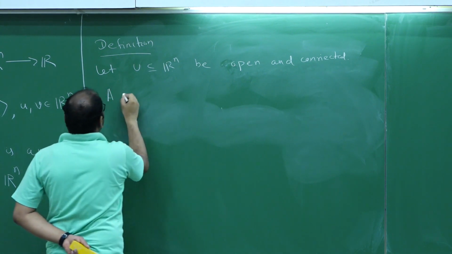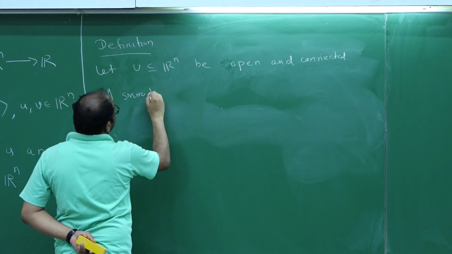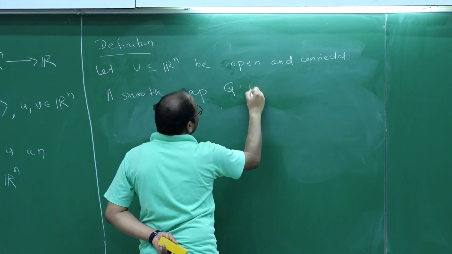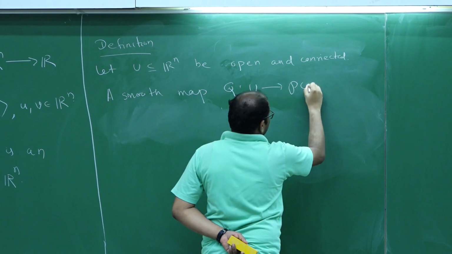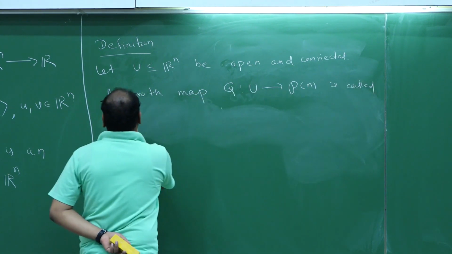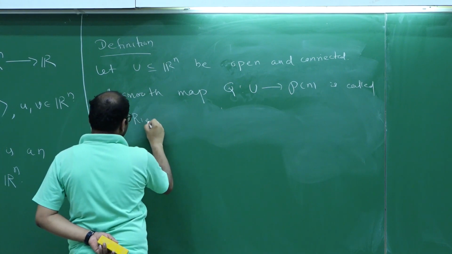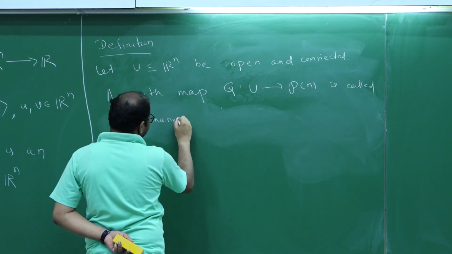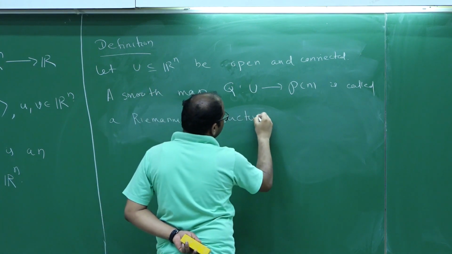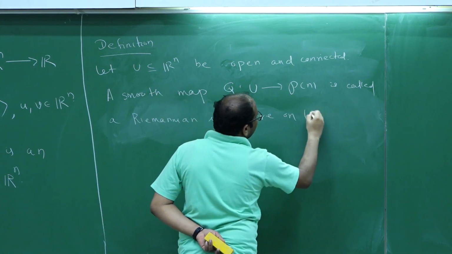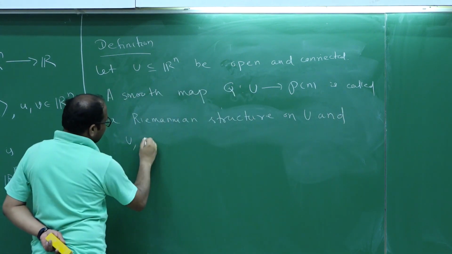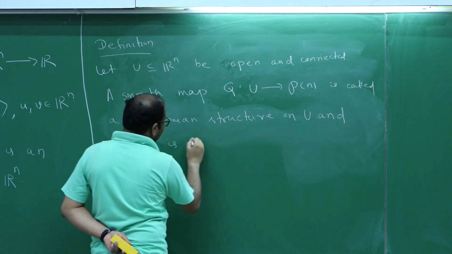A smooth map Q from U to P n is called a Riemannian structure on U, and U comma Q is called a Riemannian manifold.